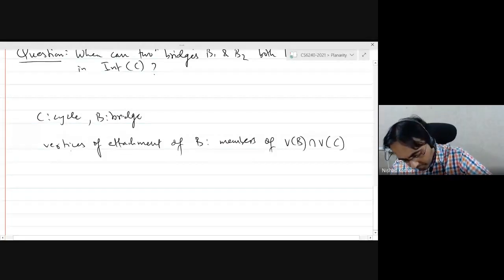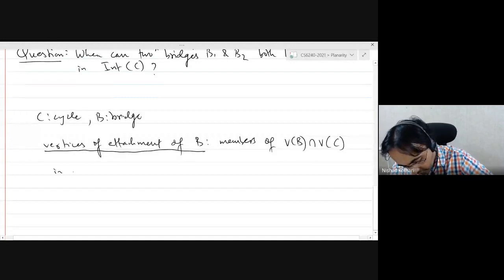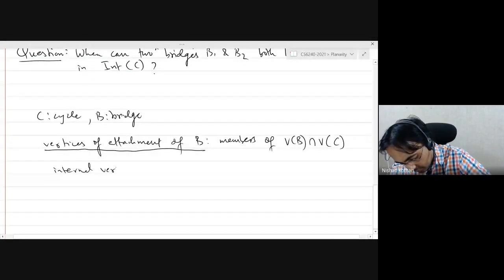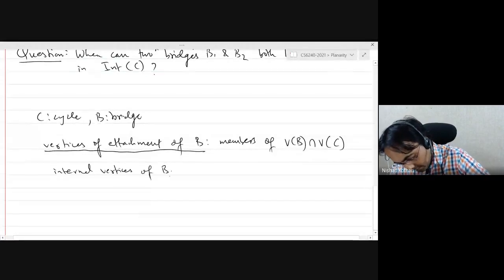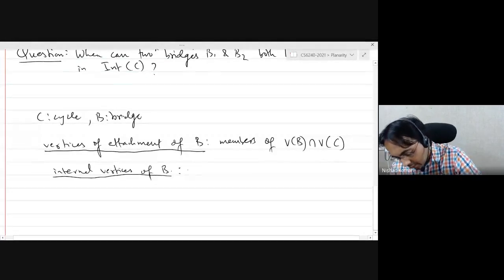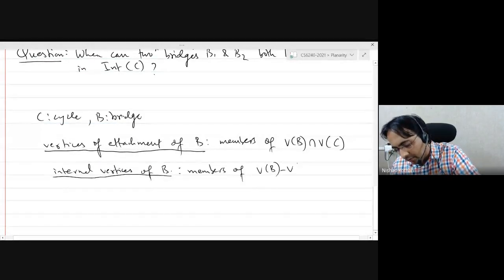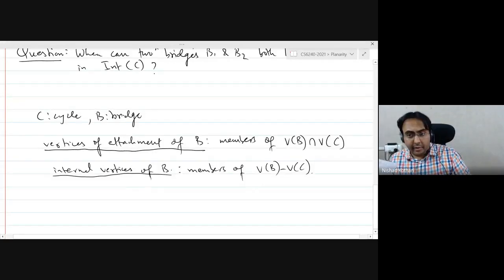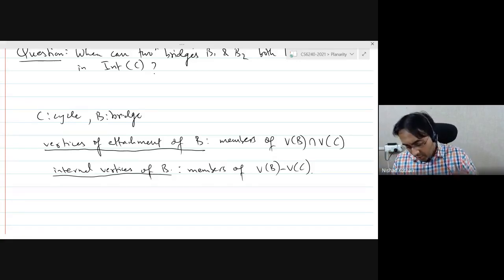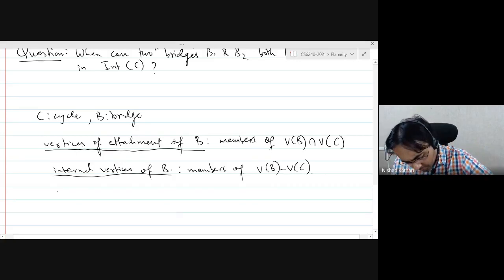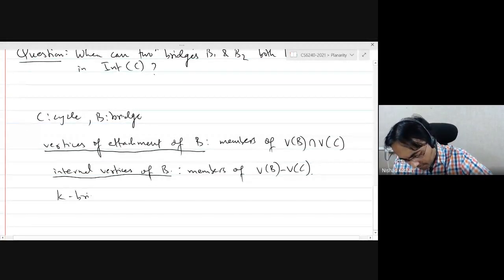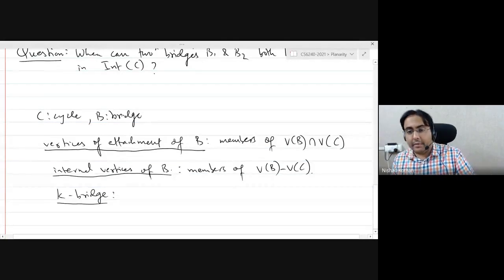And the internal vertices of the bridge B are basically those vertices that are in the bridge but not in the cycle, right? So which means that if you have a trivial bridge, which is a chord of the cycle, then it will have no internal vertices, and it will have 1 or 2 vertices of attachment depending on whether it is a loop or a link. Okay, good. Also, another term that we will find useful is a K bridge, which means a bridge which has K vertices of attachment.